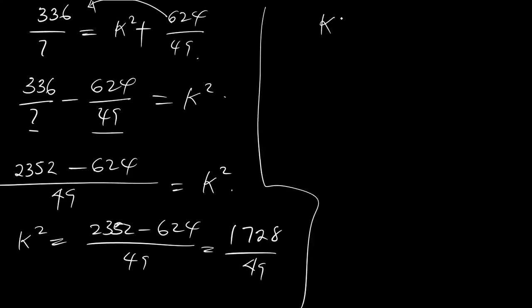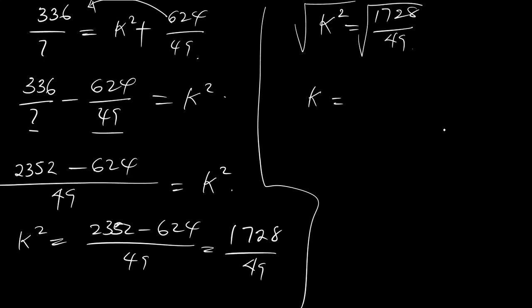That means K squared is equal to 1728 divided by 49. So now let's take the square root of both sides. You now have K, and for K, we're going to discard the negative value.